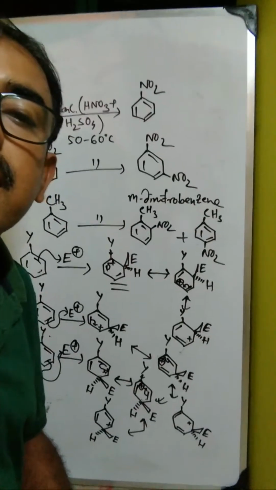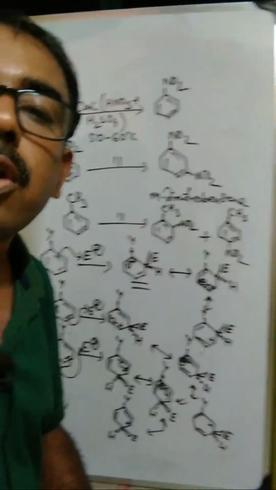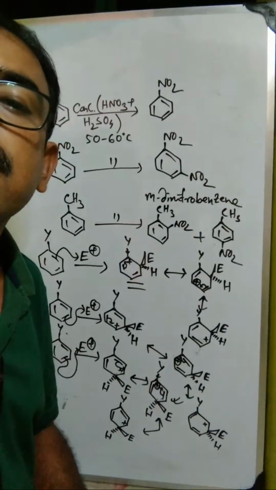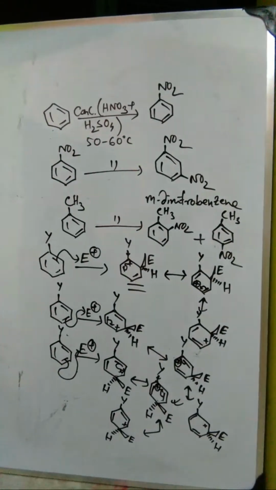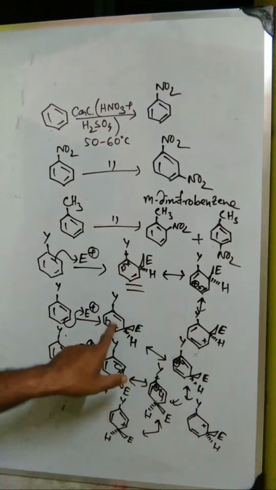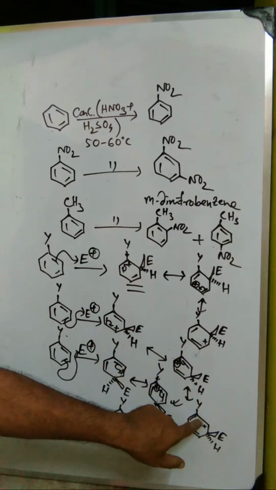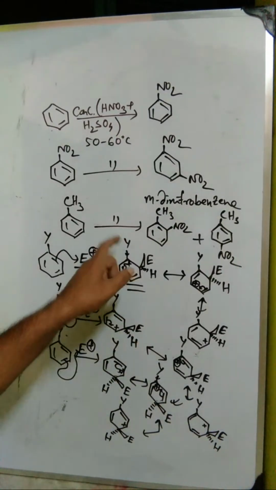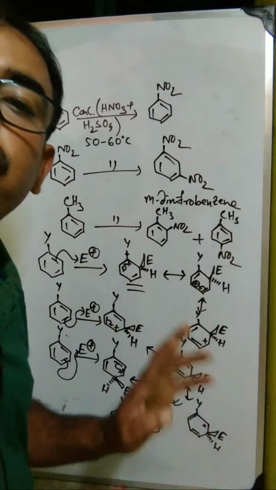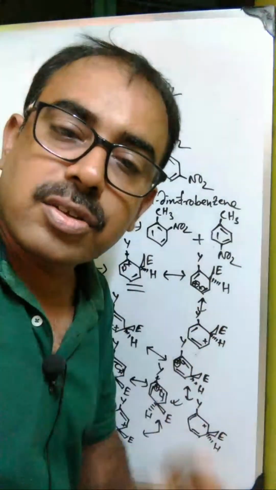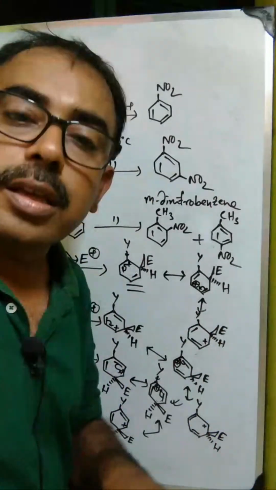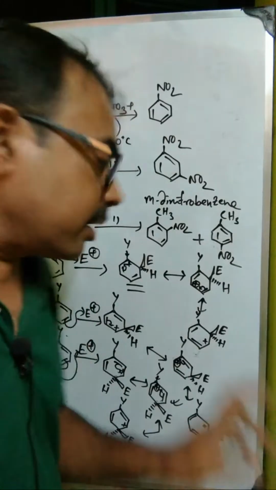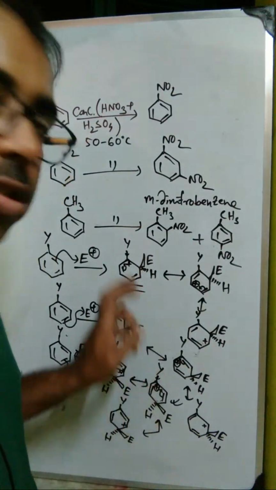Okay, but in case of meta substitution we do not have any such resonating structures where this carbon is having a positive charge. Okay, so if the substituent already present, Y, has plus I inductive effect, then Y will stabilize these two resonating structures.